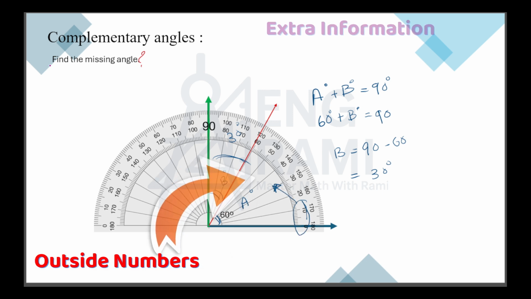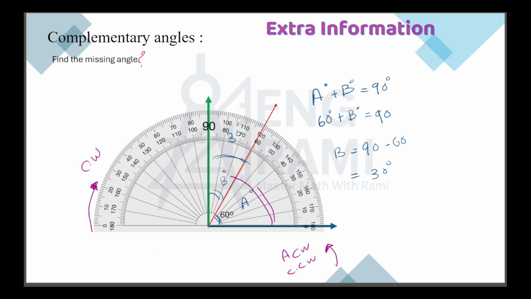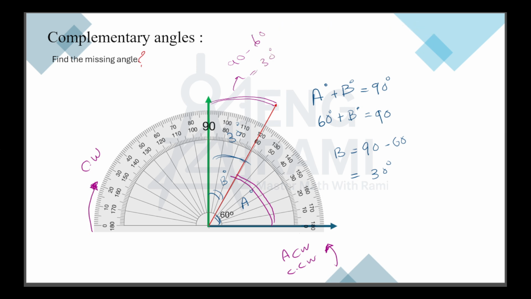And if you want to read clockwise, use the external scale. Angle A is 60, it's already known. And this angle is 30, since 90 minus 60 equals 30 degrees.